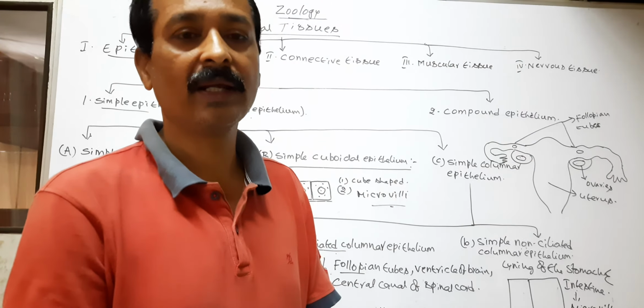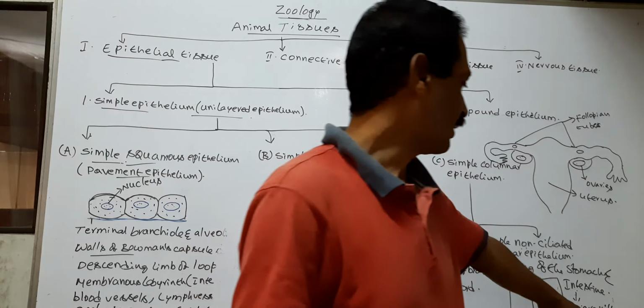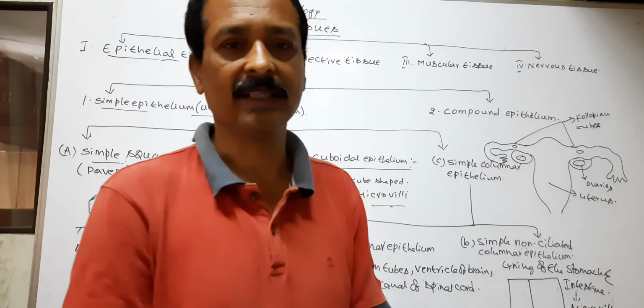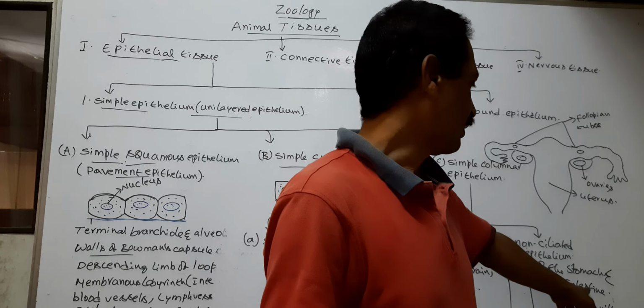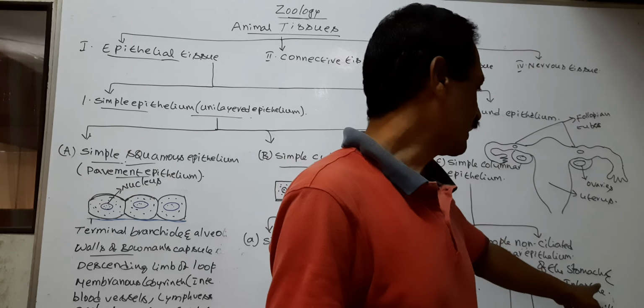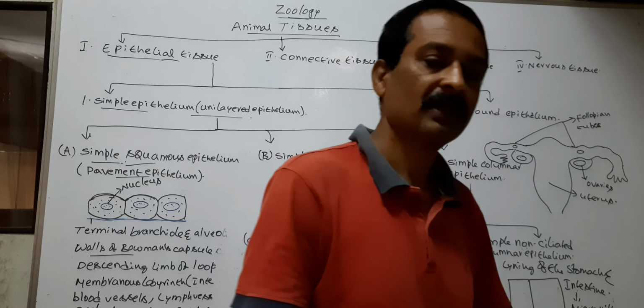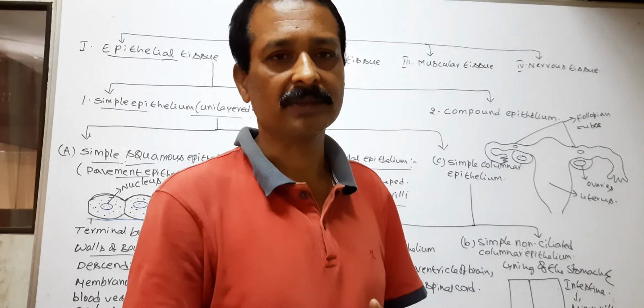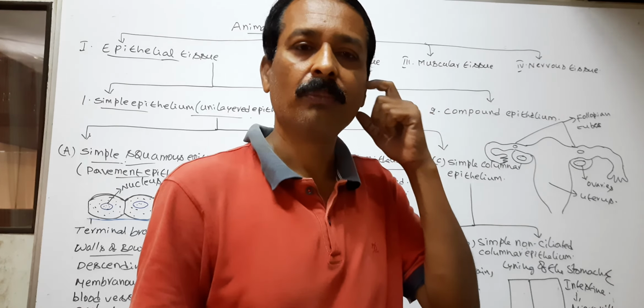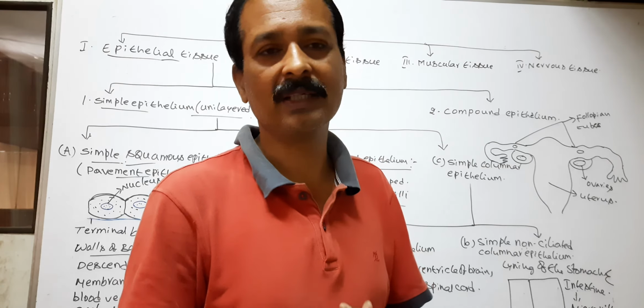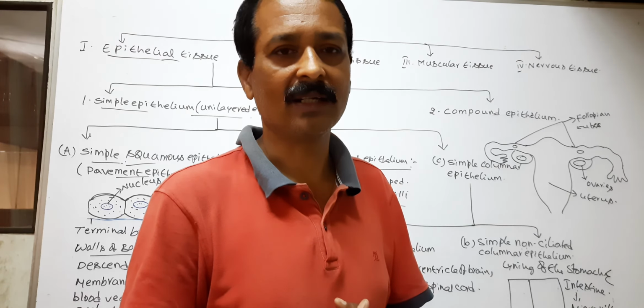The microvilli increase the absorptive surface area because the digestion process is completed in the small intestine. The digested food is absorbed into the blood from the wall of the alimentary canal.